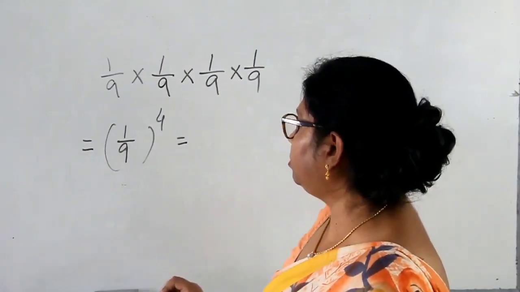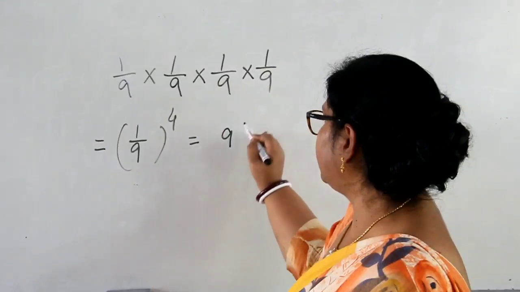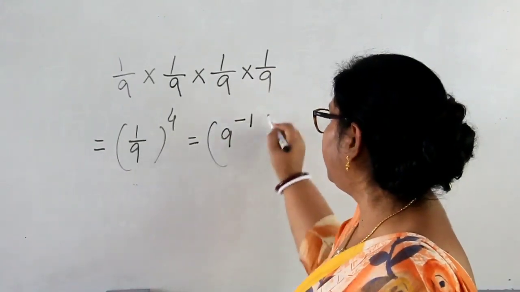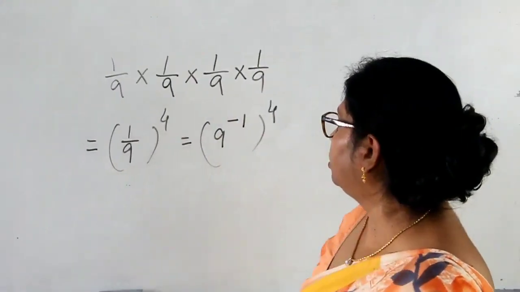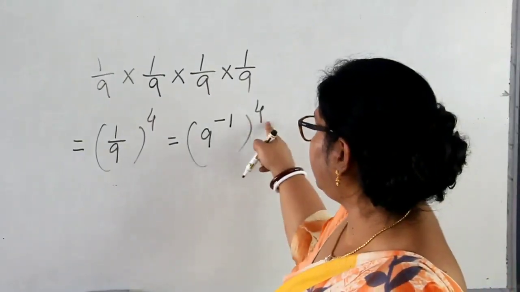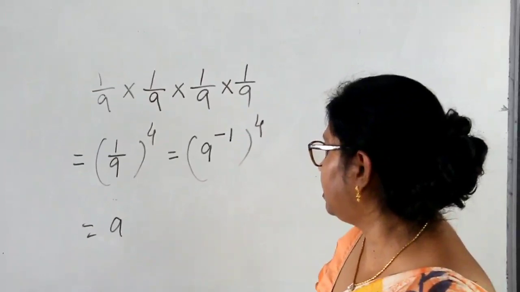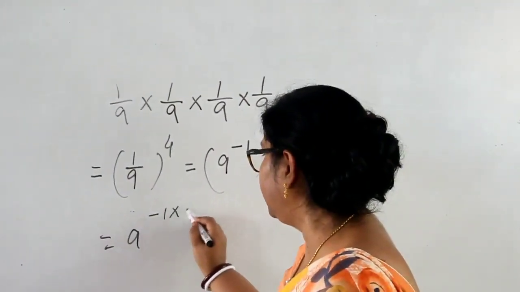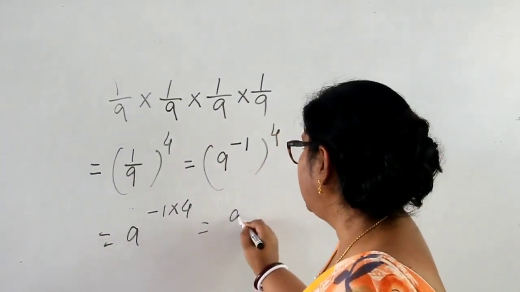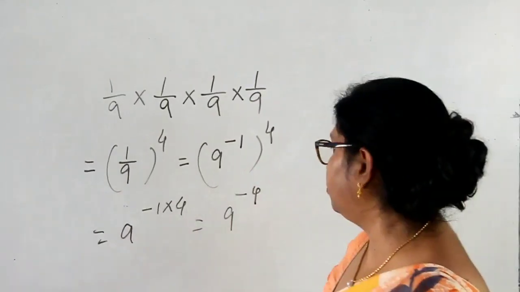And now coming to that 1 by 9, this is nothing but 9 to the power minus 1 whole to the power 4. Again we have to see these two powers which are given, and they will be multiplied to give you 9 to the power minus 4.